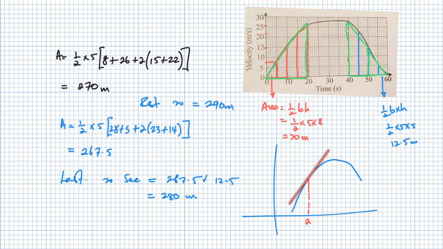You draw a tangent at that point, and then you can use your rise over run on that tangent. So you might just want to do your rise over run like that to find the acceleration. That's going to be the velocity there, and this is going to be the time here. So in case it's a curve where you don't have constant acceleration, which you don't have here, then you draw a tangent at that point and find the gradient of that tangent.